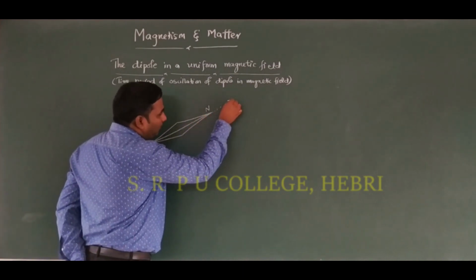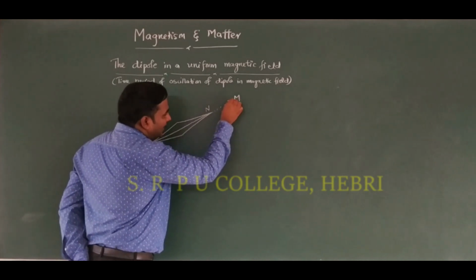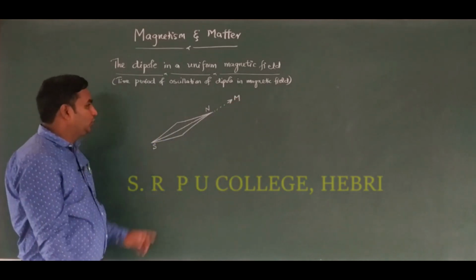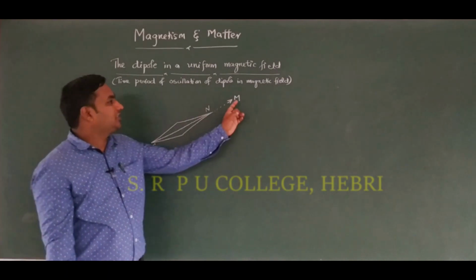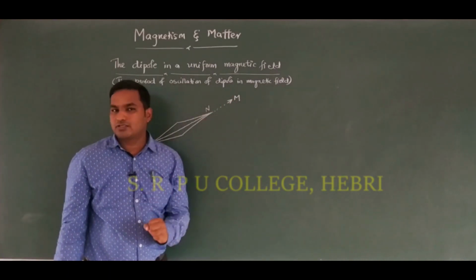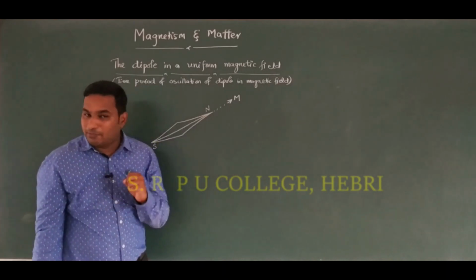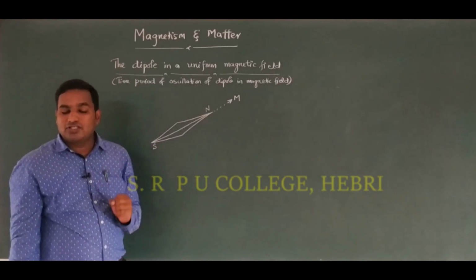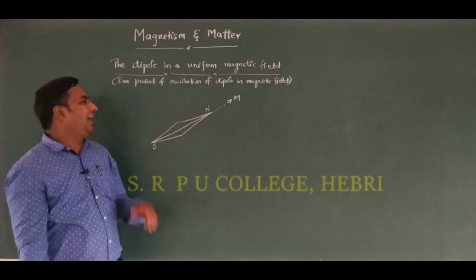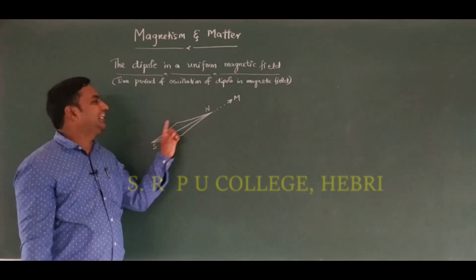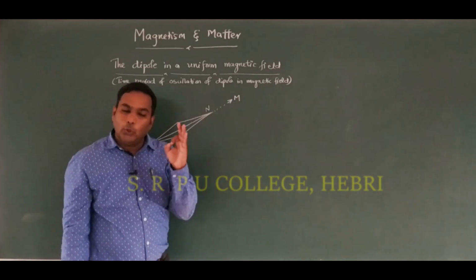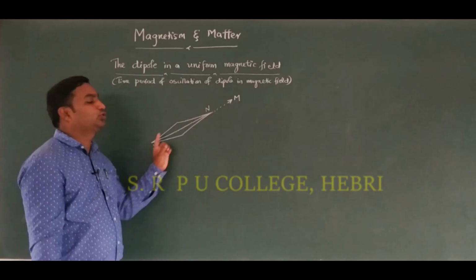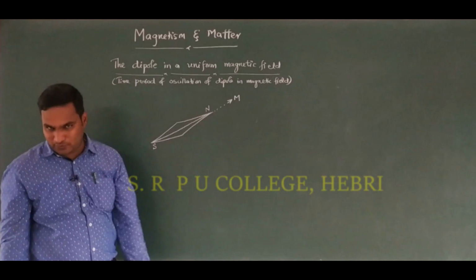Magnetic dipole moment M is acting from south pole to north pole. We already learned clearly that magnetic dipole moment M is the product of pole strength of either pole and magnetic length. Remember, M is always directed from south to north pole. I explained in the last video.